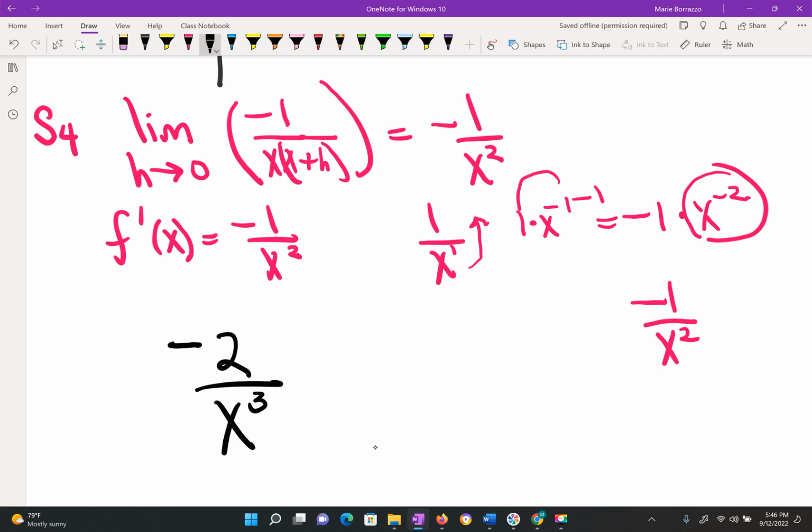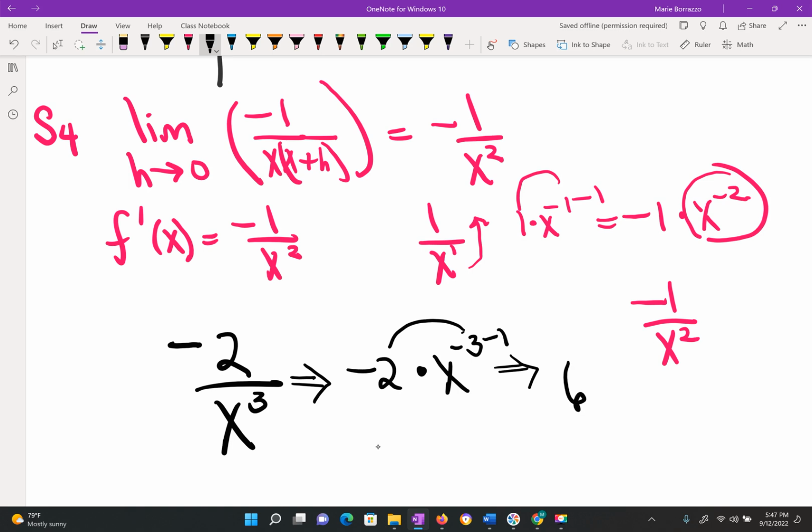Okay, just out of curiosity, step by step, so you don't miss a step. So first thing you're going to do is say, well, isn't this negative 2 times x to the negative 3? Yes, it is. Once you do that, the next step now is to multiply. Negative times negative is a positive, 3 times 2 is 6.